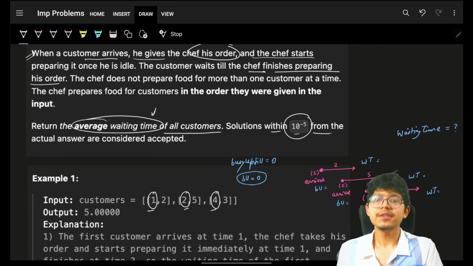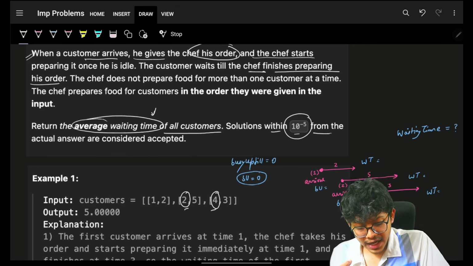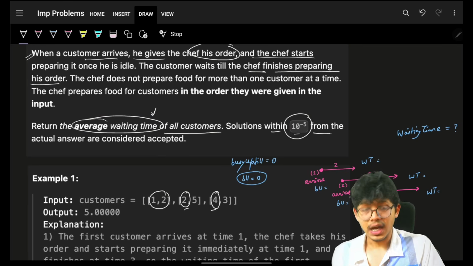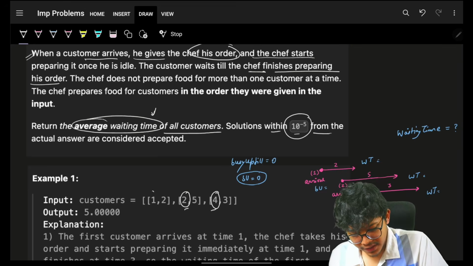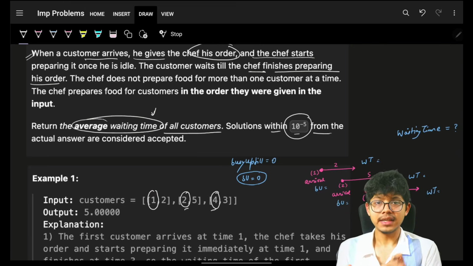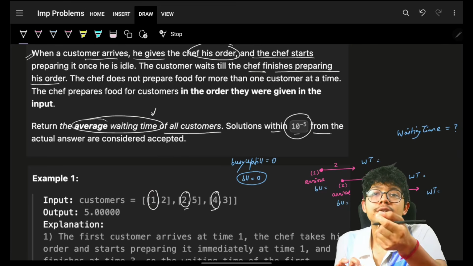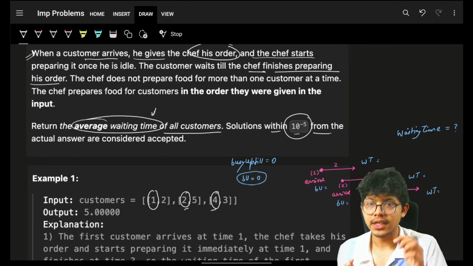The waiting time for anyone is this: in the ideal scenario, a customer has come, and he should be delivered food right now. That's the ideal scenario.